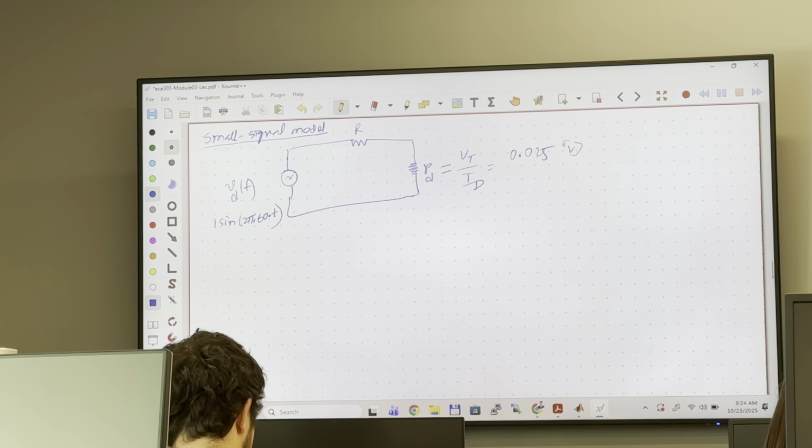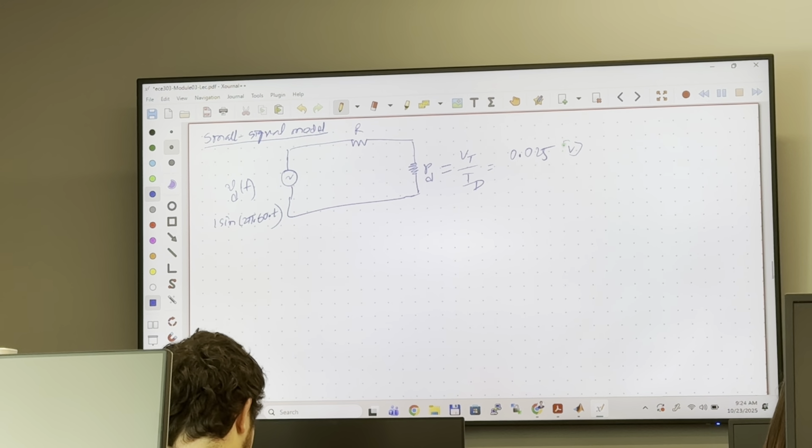Calculate 0.025 over 0.93 times 10 to the negative 3 ampere. It's like 26.88, so approximately 26.9. Okay, so this is the small signal resistance.